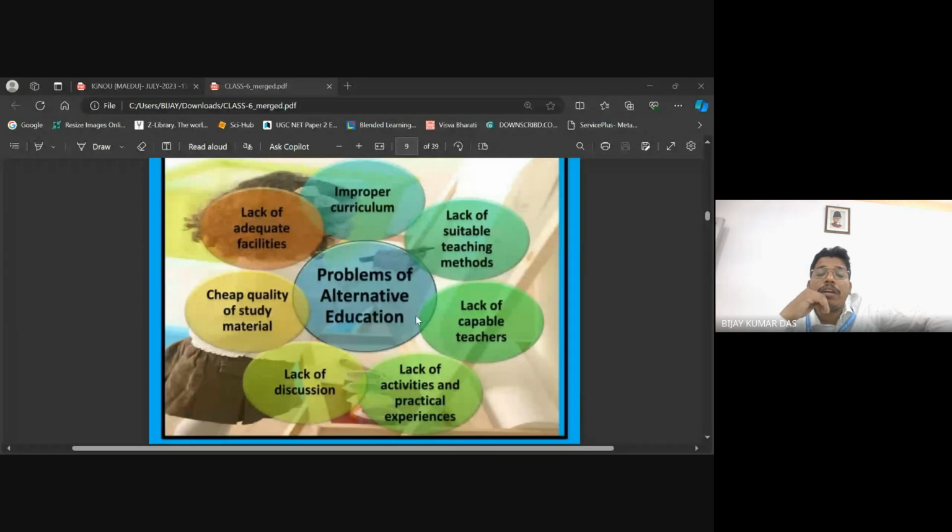But in some other forms, they are not getting it properly. Then lack of adequate facilities. What amount of facilities do you get in physical and direct classrooms? It may not be there in alternative education because there is no physical contact. There is only the contact of vision. But when there is physical contact and communication, it will be more effective and fruitful.